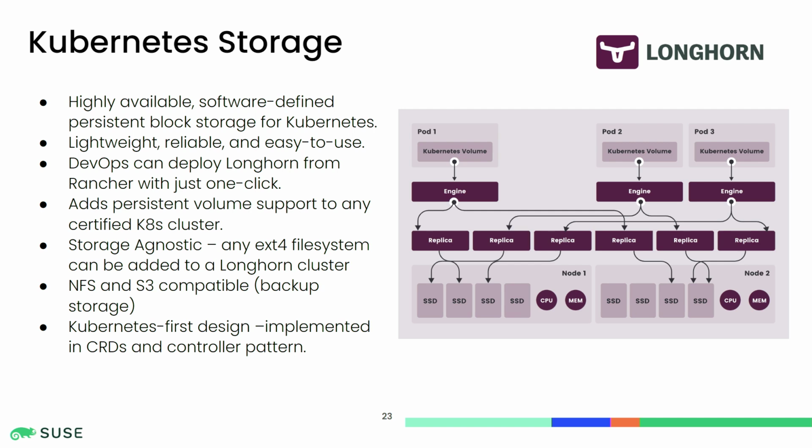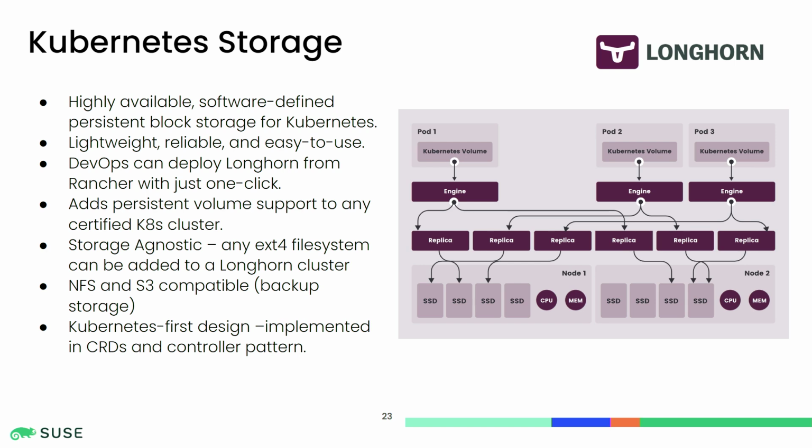I got a quite complex picture over here. I won't go through it, but just to give you some idea: if the application, like the SAP Edge Integration Cell, says I need some storage, Longhorn will take care of providing that storage to the Kubernetes application, and make sure it has enough replicas to make it more secure.